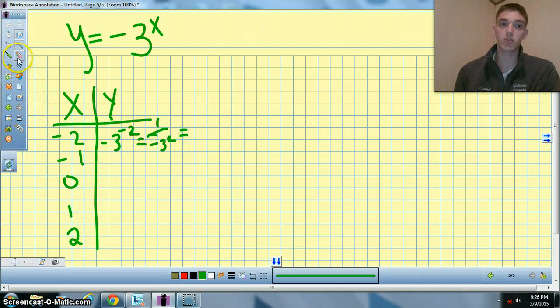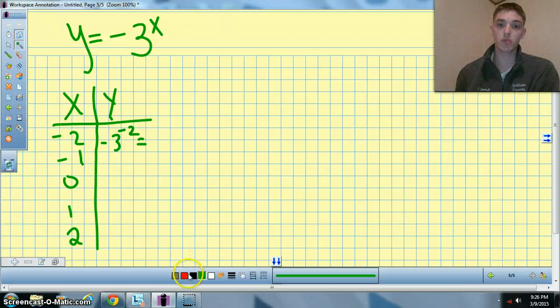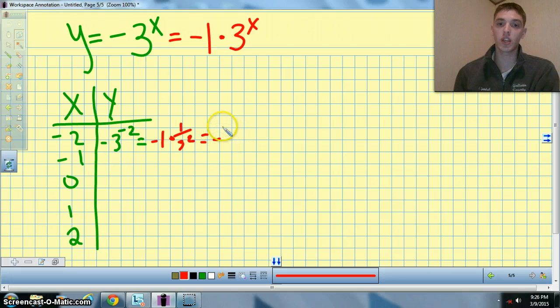I'm sorry, let me rewrite that. Okay, one thing we have to realize is that the negative is not with the exponent. So we could rewrite this as negative 1 times 3 to the x power. So it's negative 1 times 1 over 3 squared, which is negative 1 over 9.